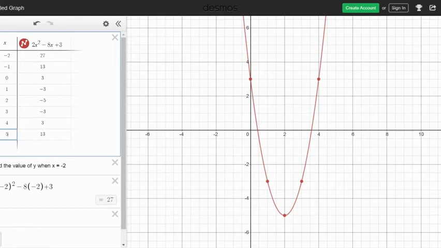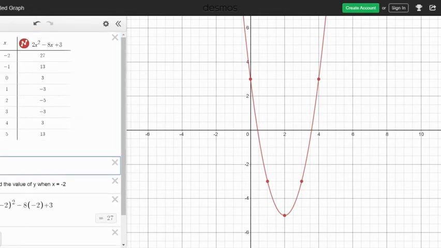The second thing I want you to think about is, when we're thinking about a graph and about domain and range, remember that domain is all the numbers I'm allowed to use for x.